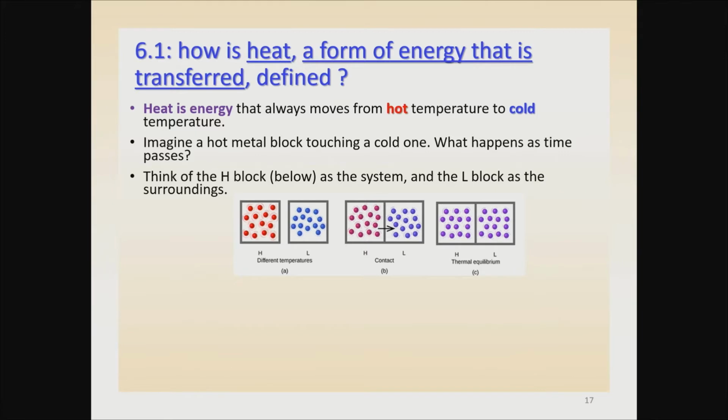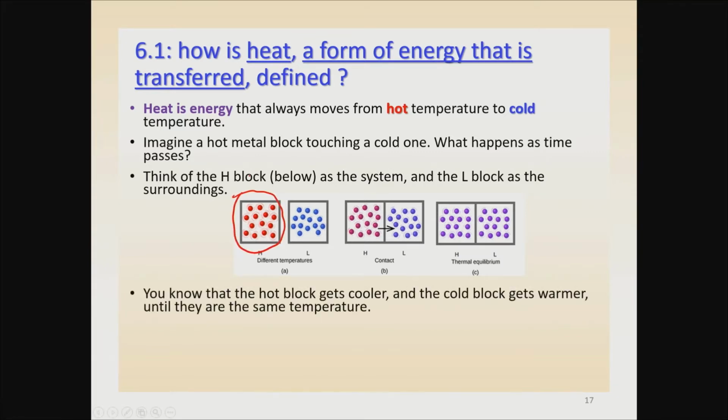So to give you a sense of what's going on here, imagine we have two blocks, which I've drawn here. We have this hot block here, labeled H for hot. And then we have, separated immediately from it, a block which is cooler. This is called an L block, I guess L for lower temperature.